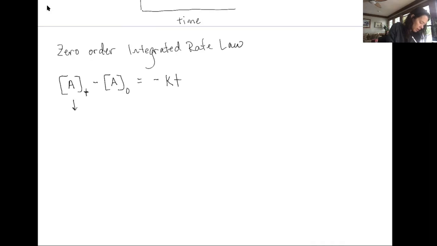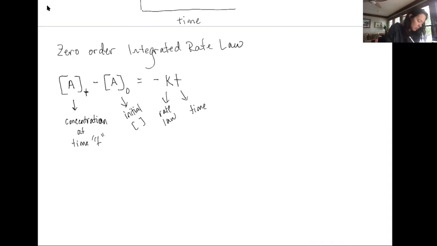This is my concentration at time t, right? This is my initial concentration. This is my time. And obviously this is your rate law, okay?